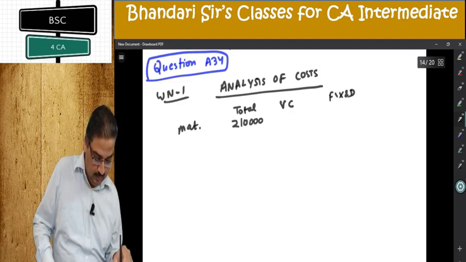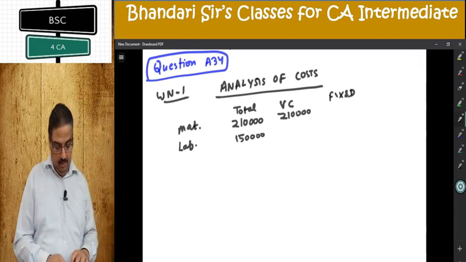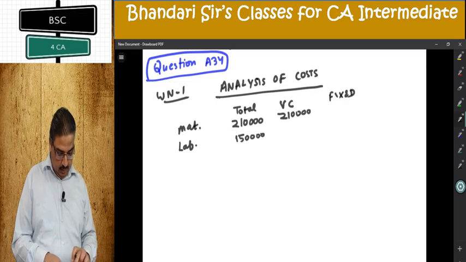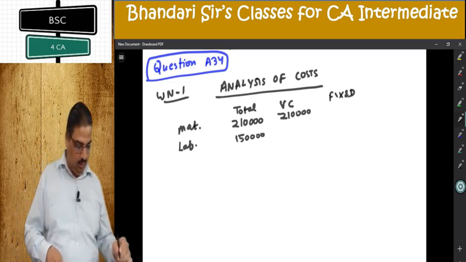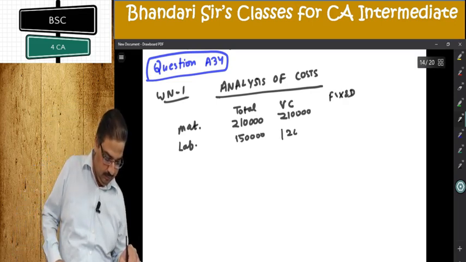Material 2,10,000, all variable. Labor 1,50,000, 80% variable. 1,50,000 into 80%. 1,20,000 variable, 30,000 fixed.